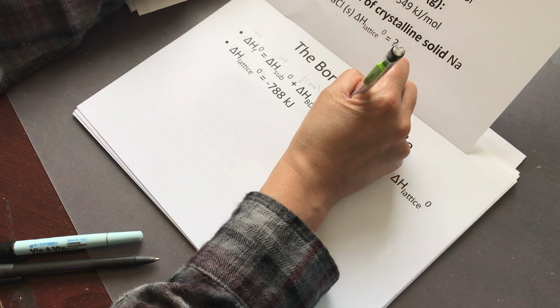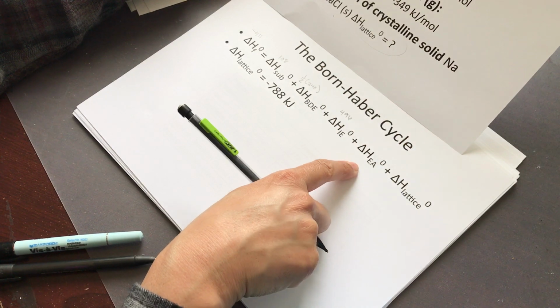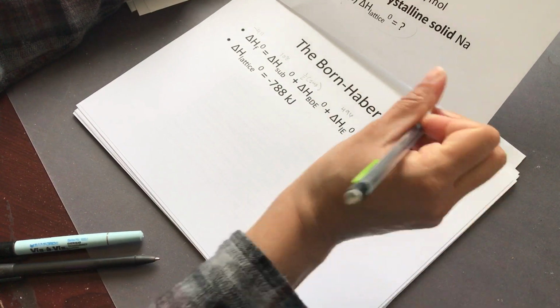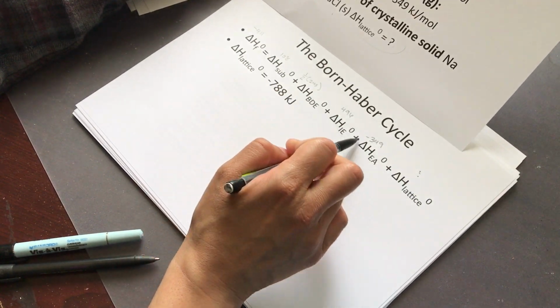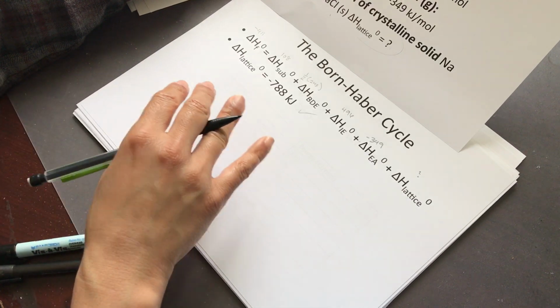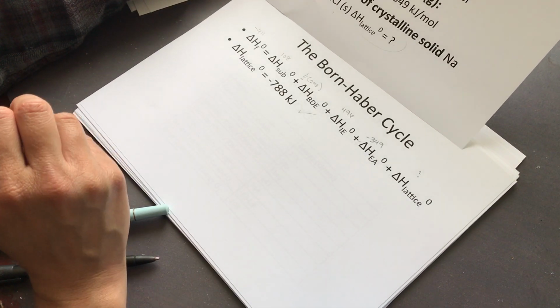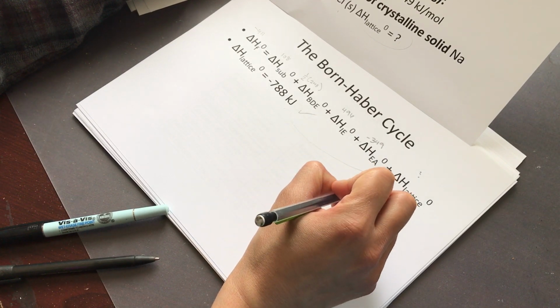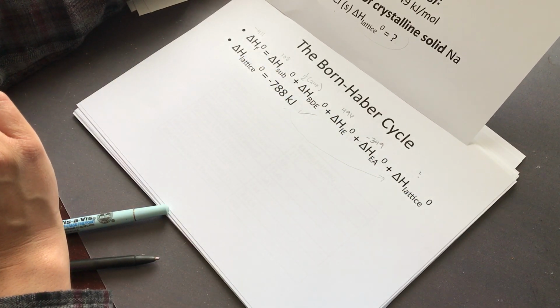My ionization energy, 496. My electron affinity, negative 349. And I don't know my lattice energy. So you see that you have every single component and you can solve for your lattice energy. When you plug that in, your answer should be negative 788 kilojoules. And what you can do is plug this back in here and make sure that you get negative 411.